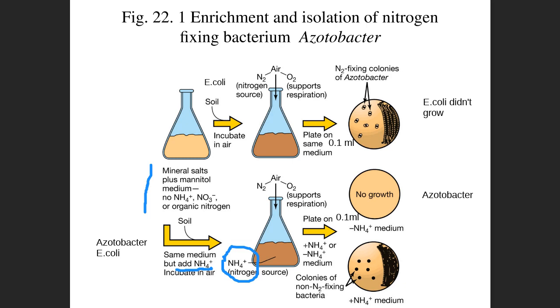But if you provide the nitrogen source, E. coli will grow a huge amount and take up all the nitrogen and all the carbon source. So now E. coli is able to grow. So you have lots of E. coli, right?